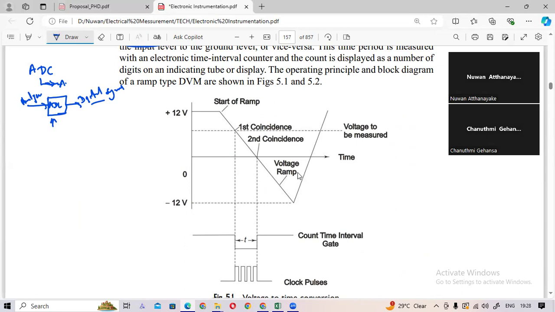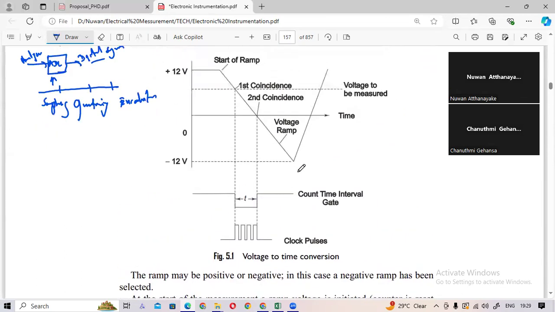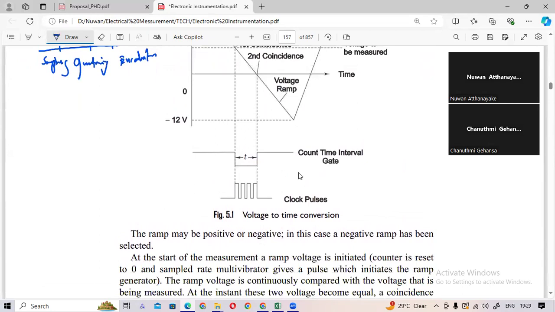There are three main processes, that is sampling, quantizing, and encoding. These are the three main processes involved with an analog to digital converter. Implementing an analog to digital converter is very easy actually, using op-amps.